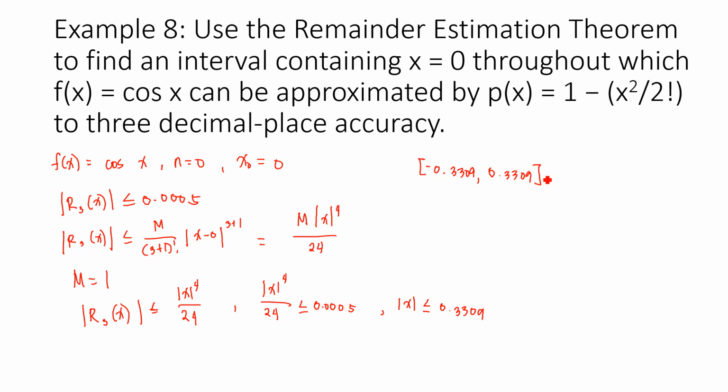Okay, so we can check this answer. You could graph the absolute value of f of x minus p of x over the interval negative 0.3309 to 0.3309. Okay, so that ends our presentation today.